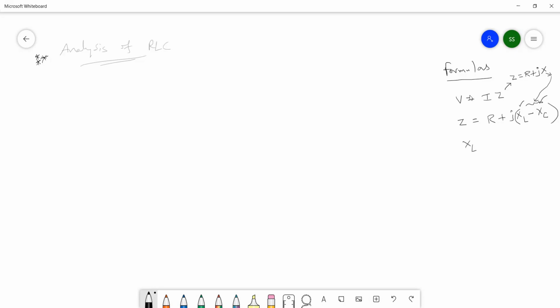What is the formula of XL in terms of omega? I am asking for the inductive reactance XL.